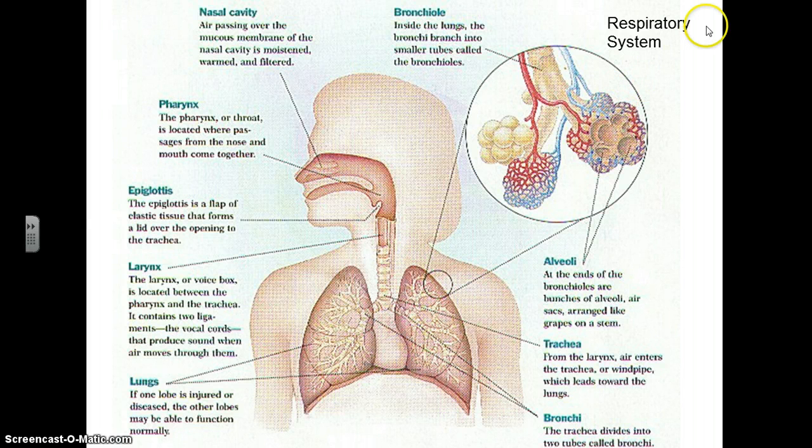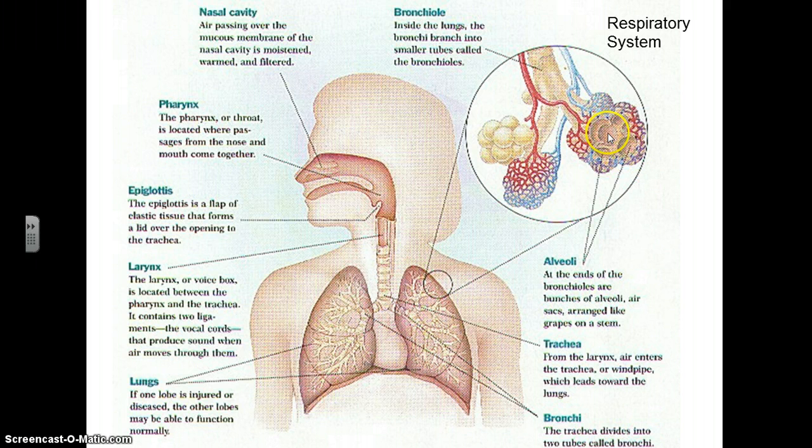Okay, your respiratory system, basically your lungs for the most part, but also your nasal passageways and your mouth where air is coming in, down through the trachea to the bronchi, which are the main branches, and then to bronchioles, which are smaller branches, and those smaller branches end in what are called alveoli, which you can think of as the cul-de-sacs of the lungs.